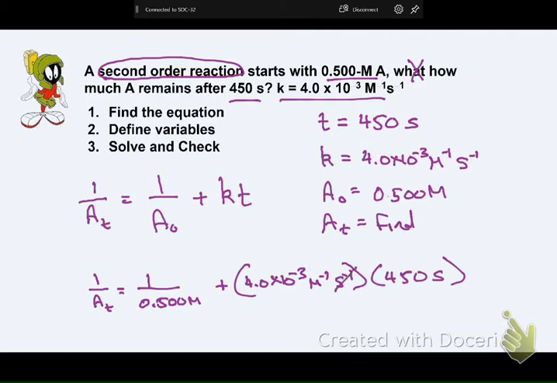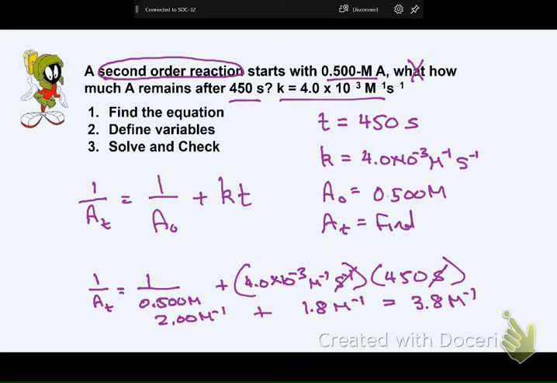They cancel, right? So those will go away. And so I'm going to say 0.004, because I don't have my scientific calculator, times 450. That's going to be 1.8. Units are molarity to the minus 1. And this is going to be 2.00 molarity to the minus 1. So I just have to add those together. So I get 3.8 molarity to the minus 1.